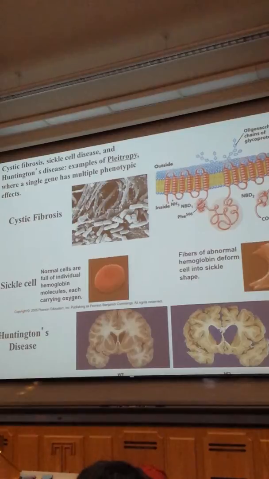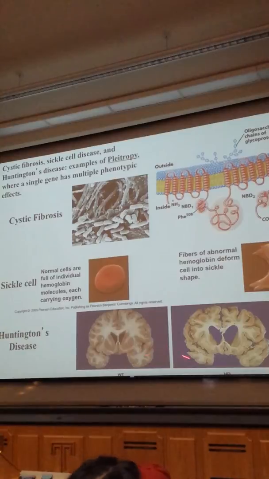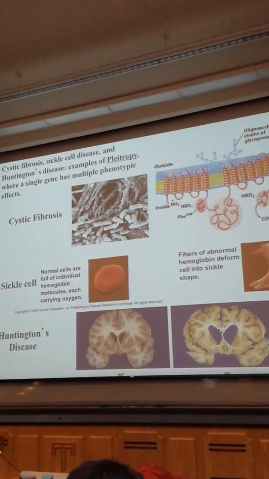So, the product of the mutant allele in Huntington's disease, which is a mutant huntingtin protein, will actually bind and prevent the function of the normal protein in the brain cells. It causes aggregations of abnormal protein in the brain cells, so instead of getting a nice normal brain, you get a brain that's started to deteriorate. Okay? That's the basis of pleiotropy. Do we understand this, or can I answer any questions at all?